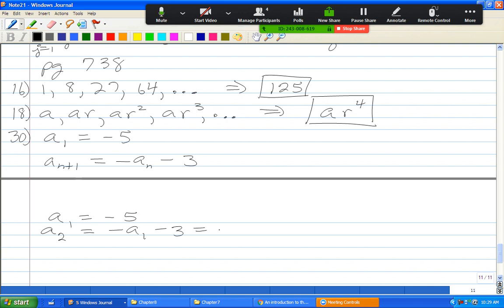The first term was negative 5, and so I get positive 2. Good. a sub 3, by definition, is negative a sub 2 minus 3. So negative 2 minus 3 is negative 5.